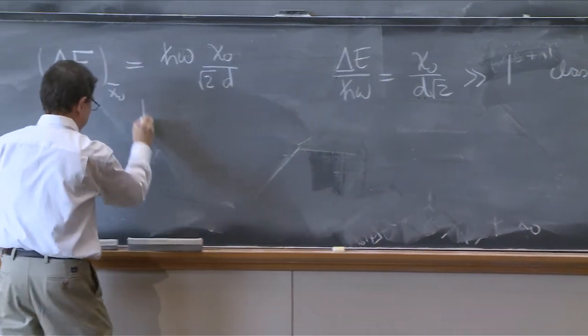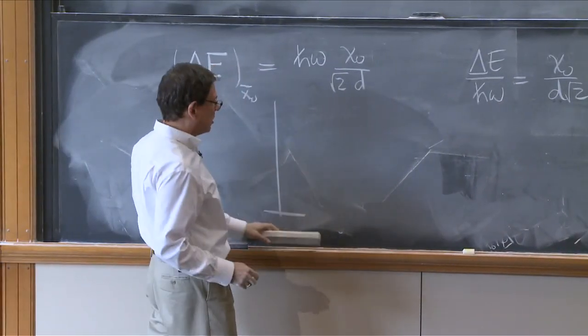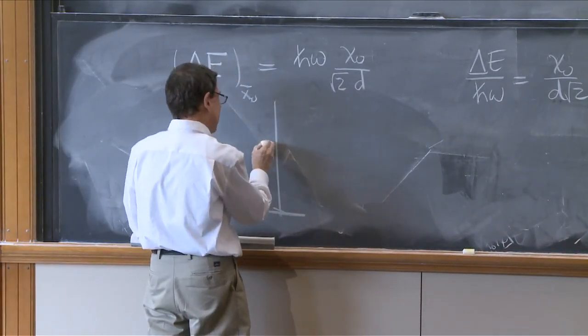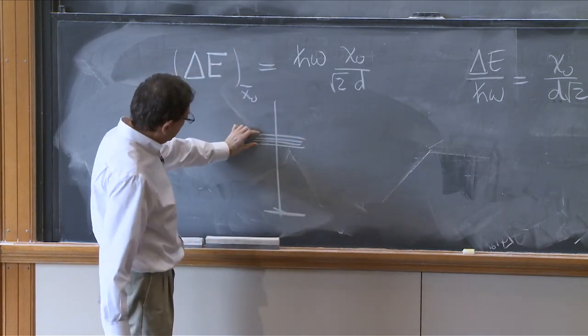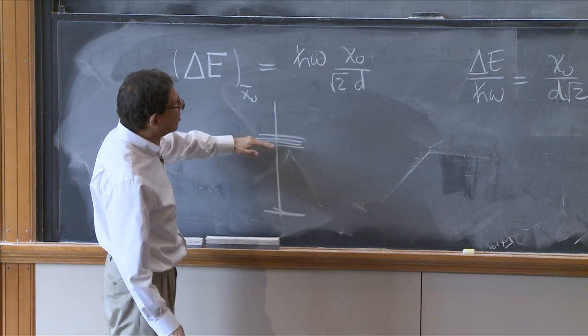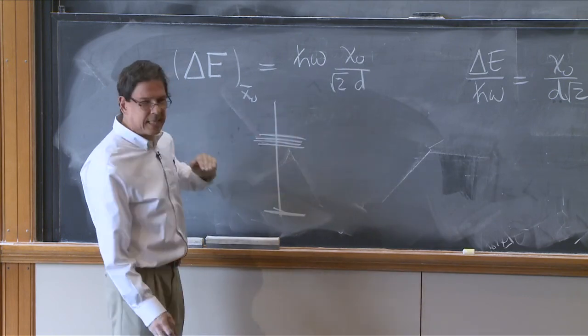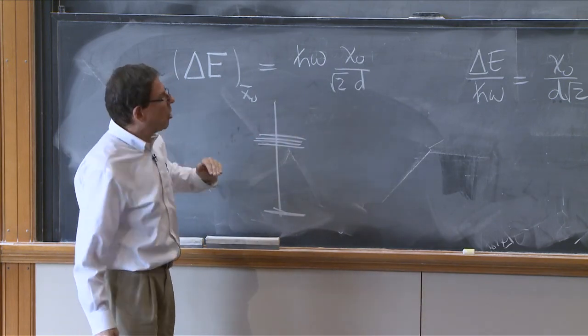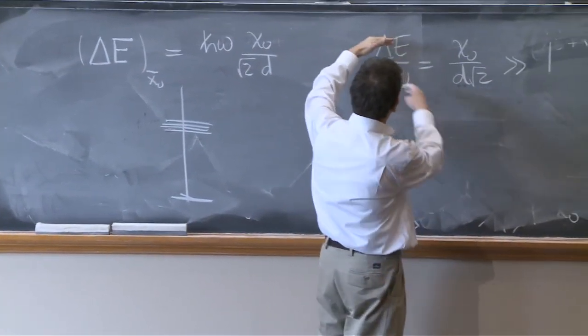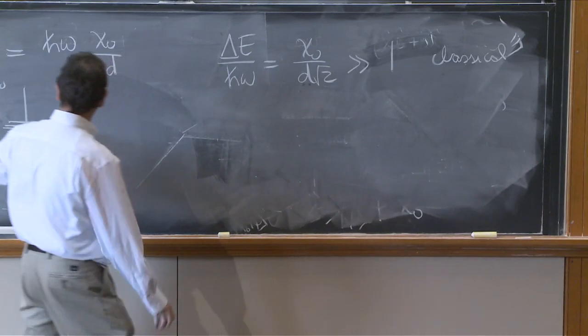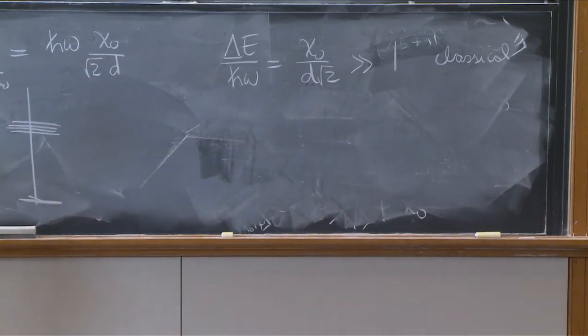So you have, here is the ground state, here is h bar omega, here is the coherent state, maybe, and you have a lot of energy levels that are excited. So if x0 over d is 1,000, well, at least 1,000 energy levels are excited.